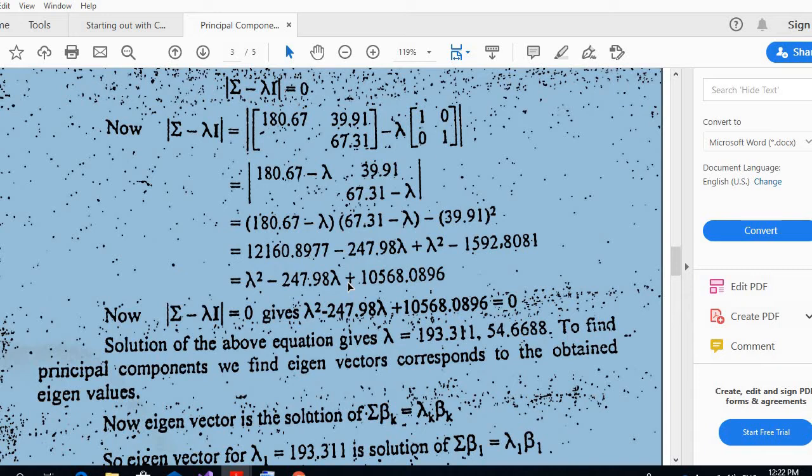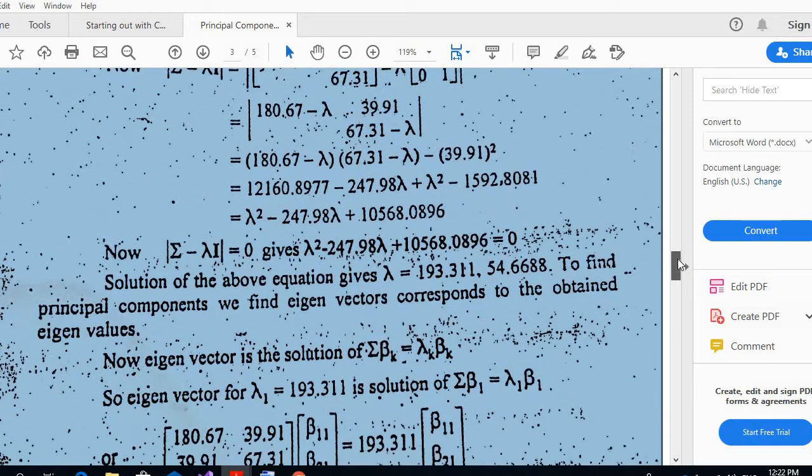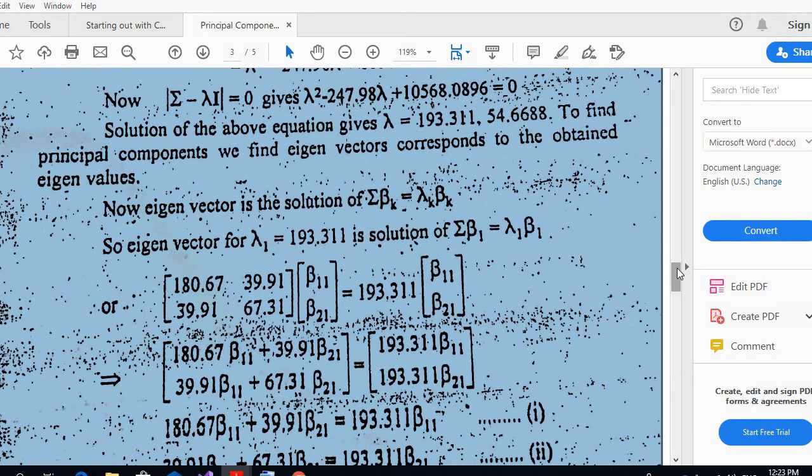To find the principal components, now we find the eigenvectors corresponding to the eigenvalues. To find the eigenvectors, we have to solve the equation variance covariance matrix into beta k is equal to lambda k into beta k.